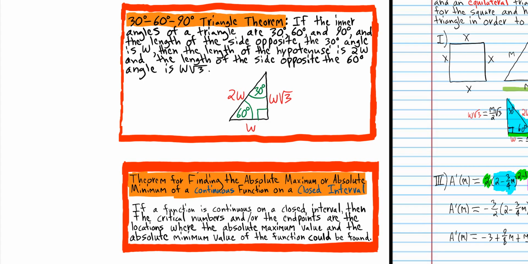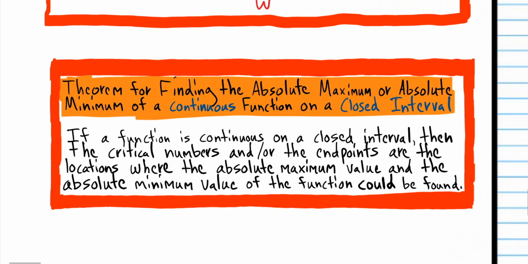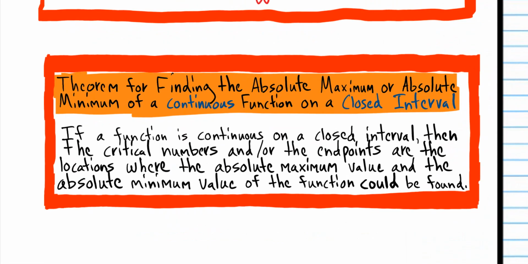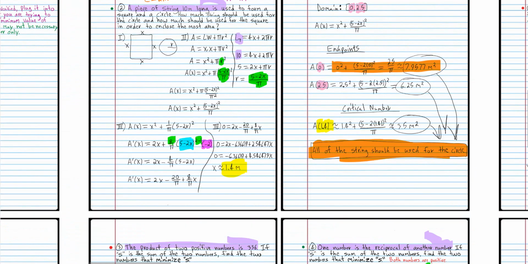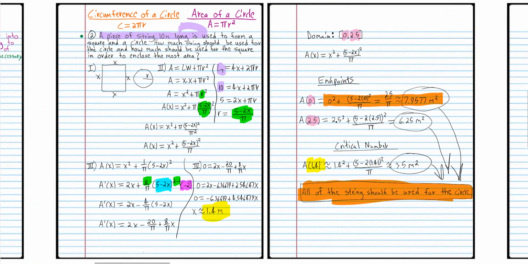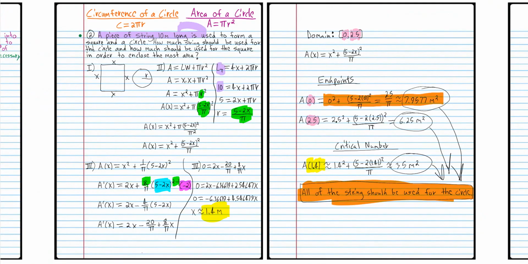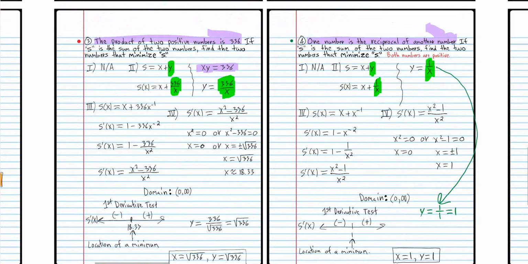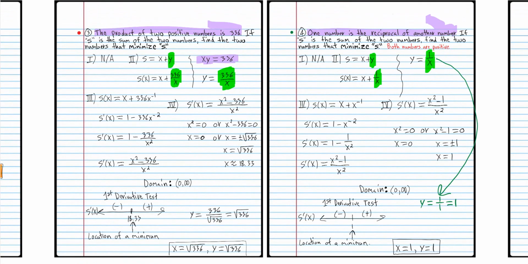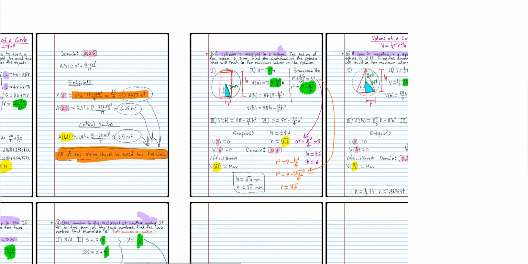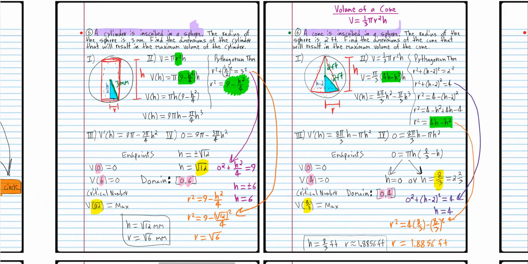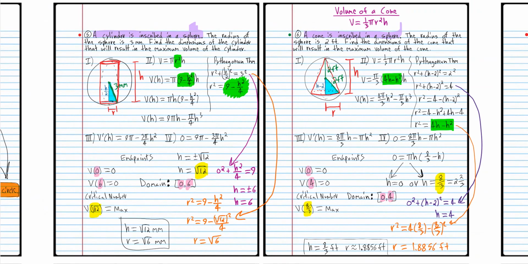Actually, I think you will need it, if I remember correctly. But you would definitely need this theorem here. And here we have the next screenshot. And the next screenshot. And the next screenshot.